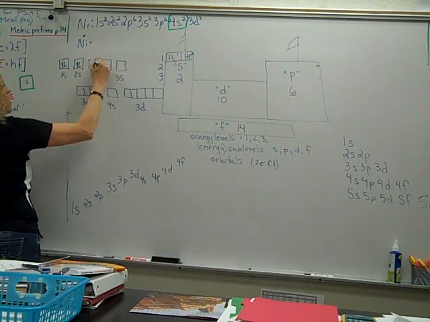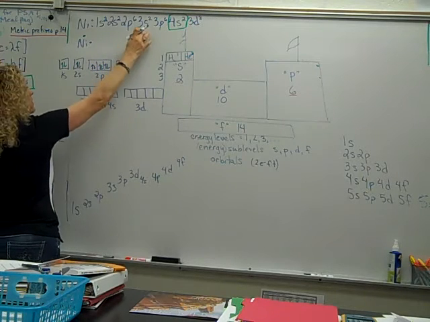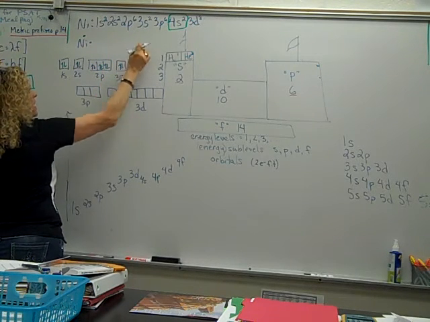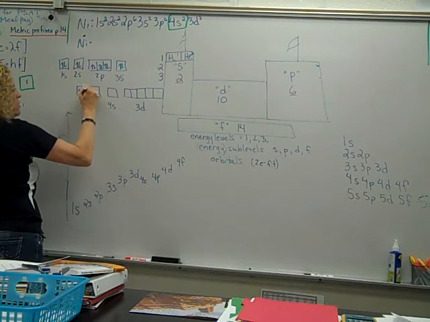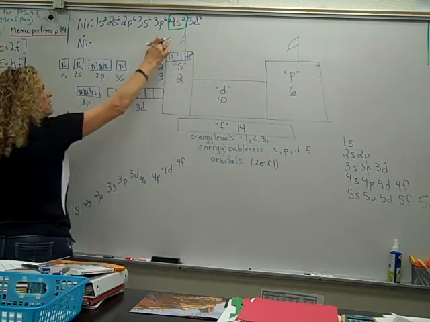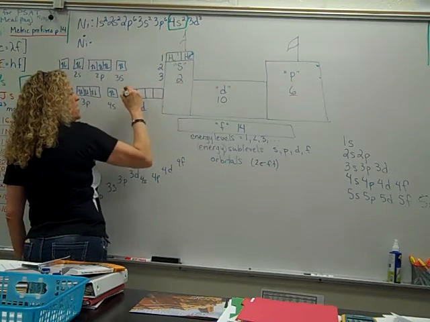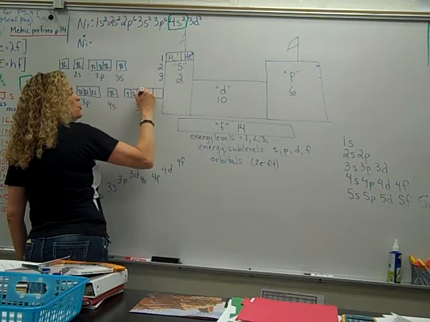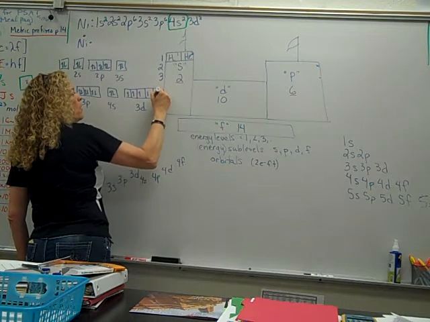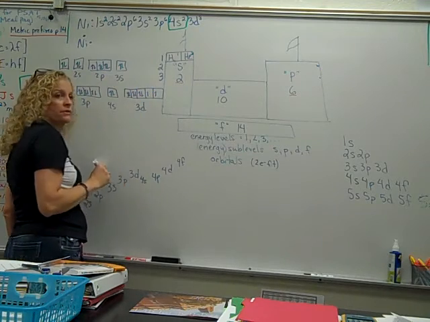Here's the 6: 1, 2, 3, 4, 5, 6. The 2 that go in here are up and down. The 6 here, 1, 2, 3, 4, 5, 6. The 2 in the S, up and down. And then the D, it's going to be 1, 2, 3, 4, 5, 6, 7, 8.